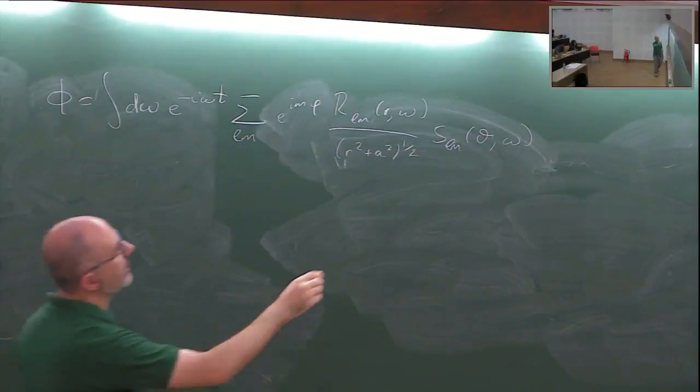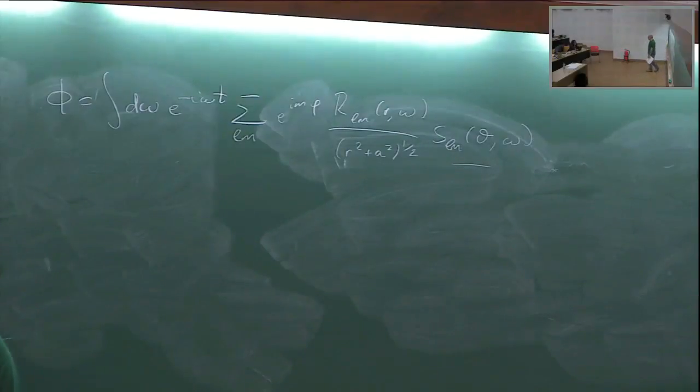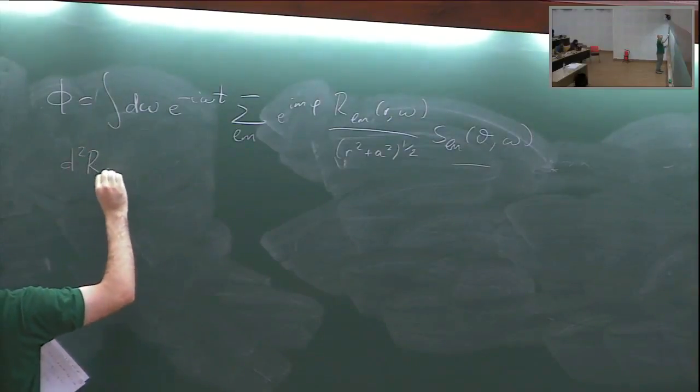It's the equation that defines these functions that are called the spheroidal wave functions. And then you get a radial equation, and that's what I'm going to be interested in, that reads like this.